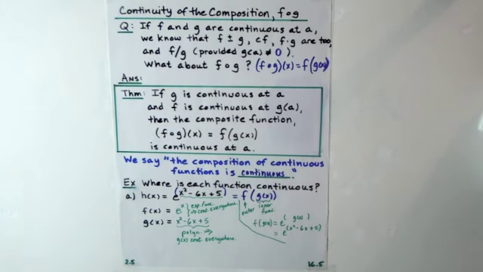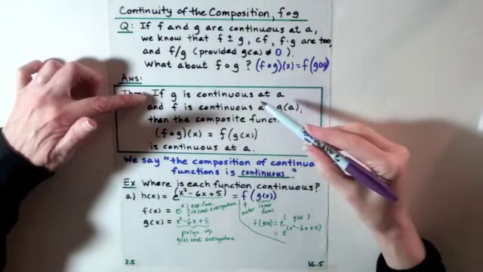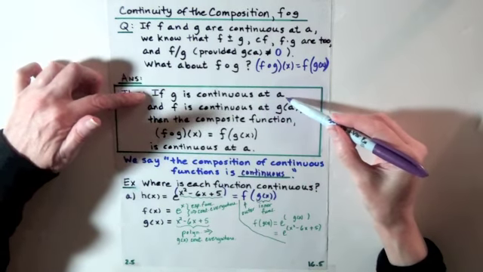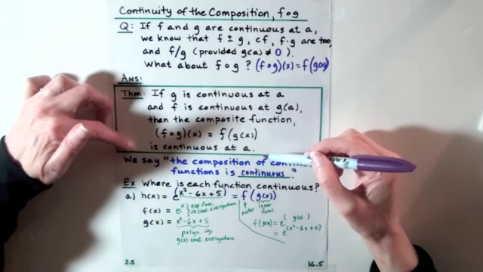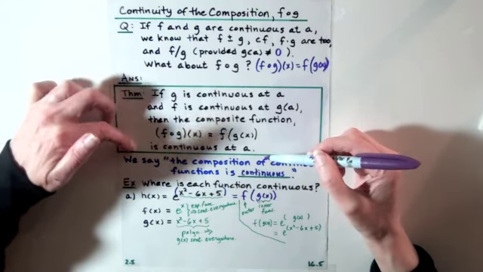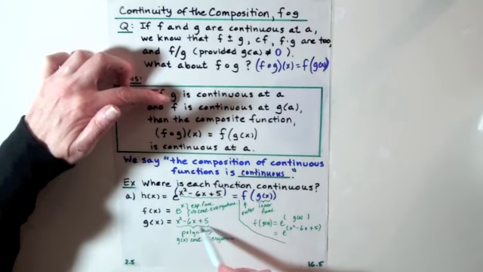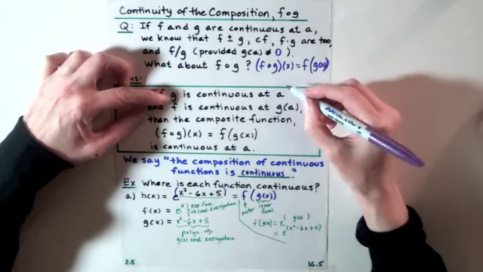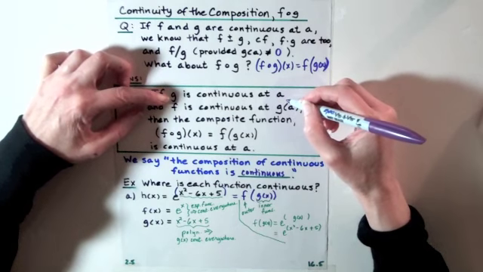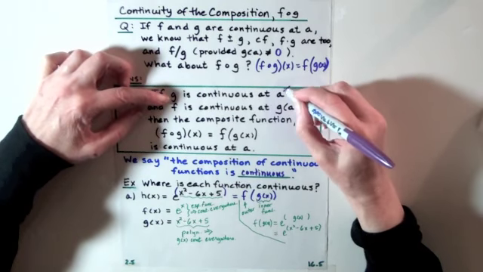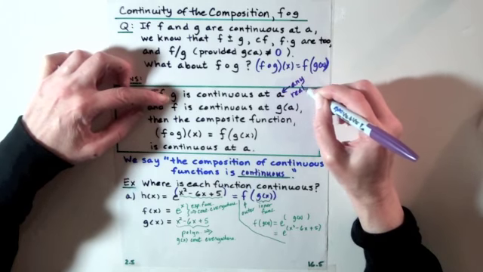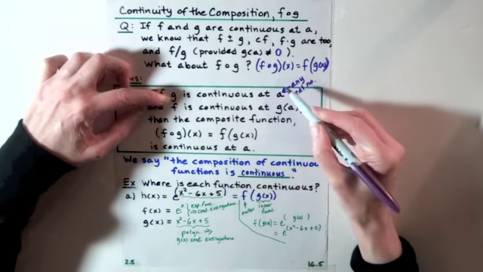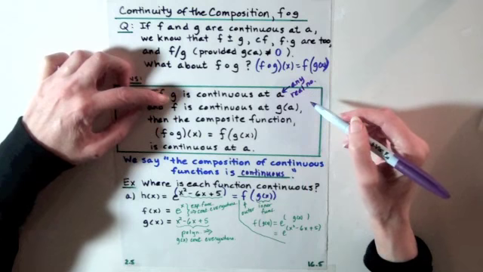So let's go ahead now and think about where the composition is continuous. Well, if g is continuous at a and f is continuous at g of a, then the composition is continuous at a. That's what our theorem said. But g, this polynomial, is continuous at any real number that I might choose a. So no matter what real number a I choose, g will be continuous there.